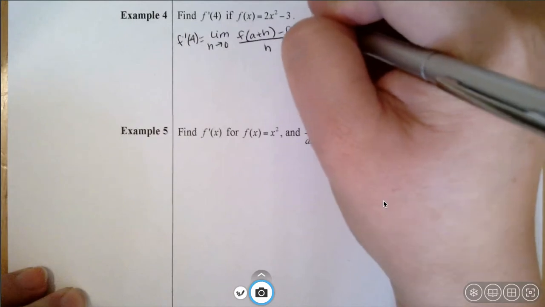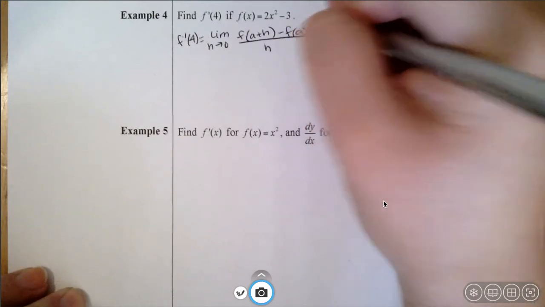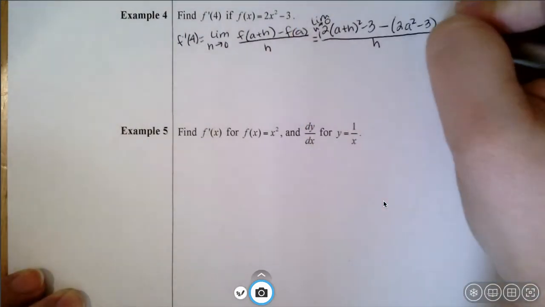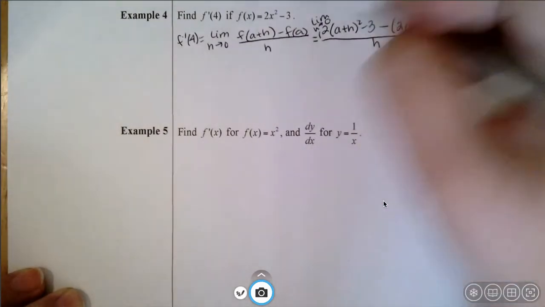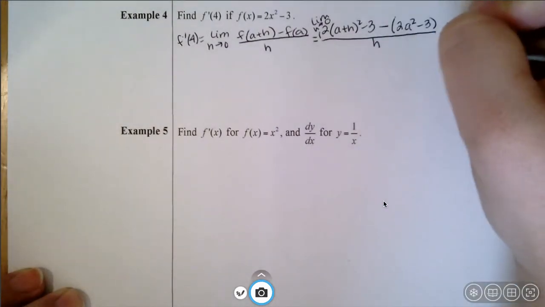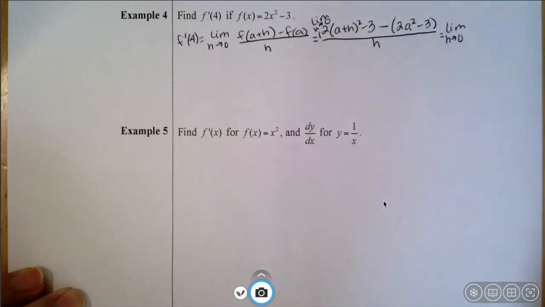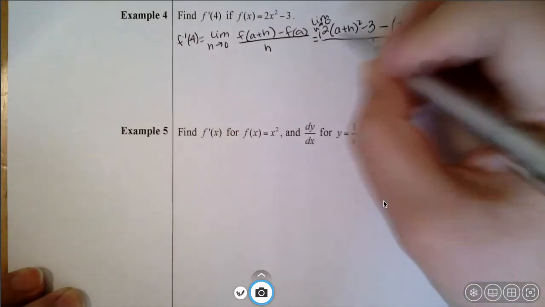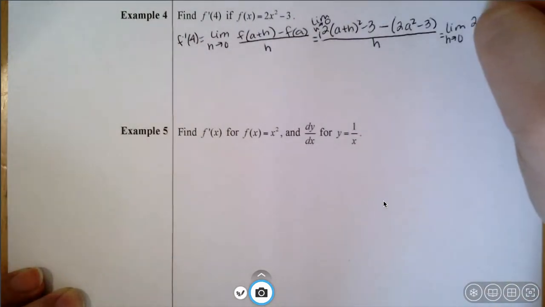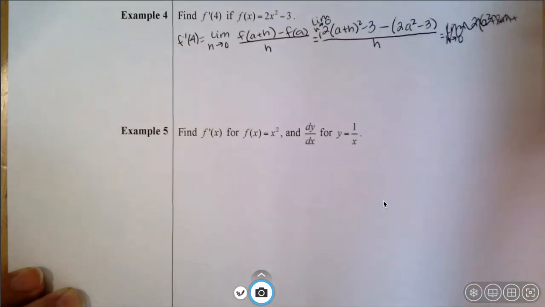And I forgot to write my limit as h approaches 0. It should be in there. Equals the limit as h approaches 0 of 2 times a plus h squared, so that's a squared plus 2ah. Let me actually write this on the next line.